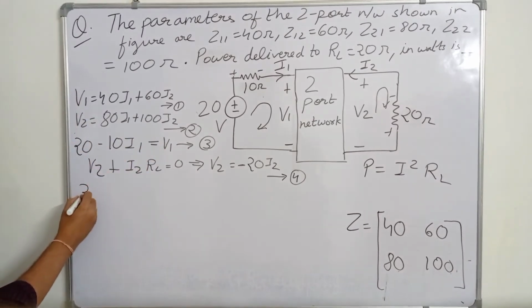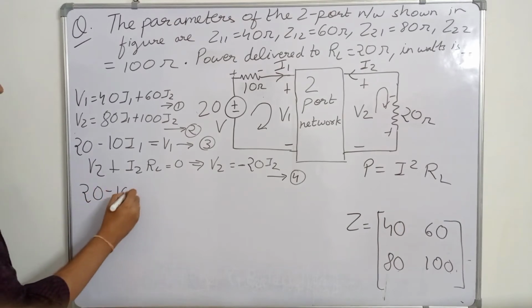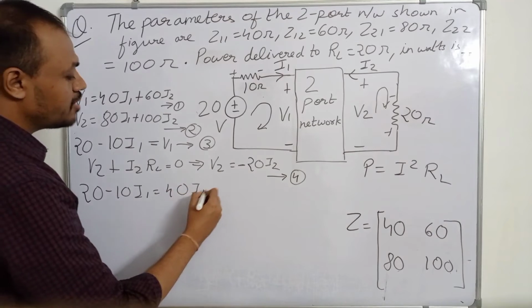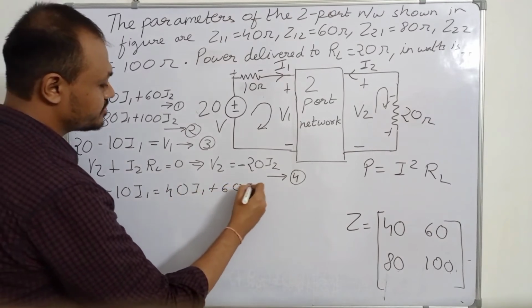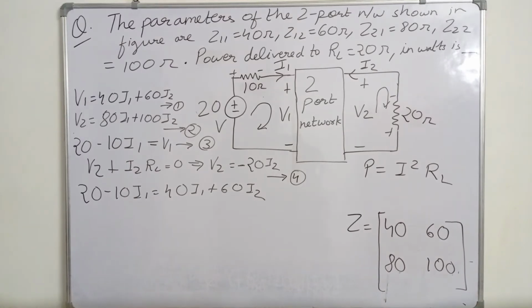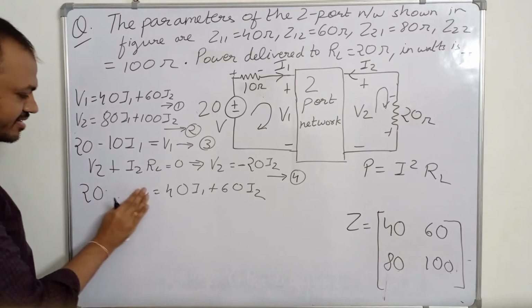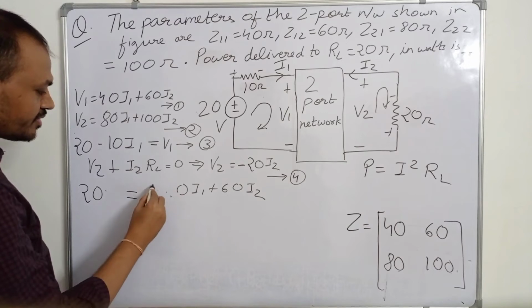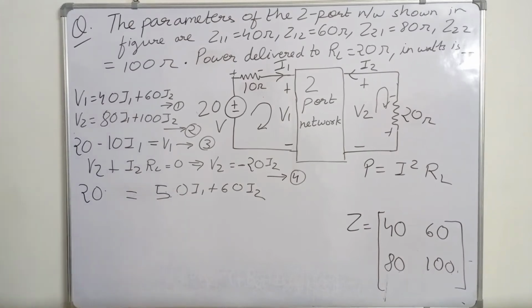So what we will get is 20 minus 10 I1 is equal to 40 I1 plus 60 I2. Okay. So if you solve it, you will get 50 I1 plus 60 I2 equal to 20.